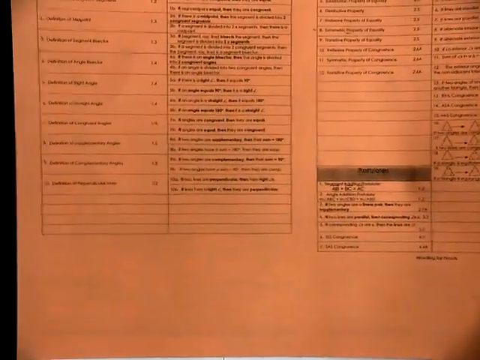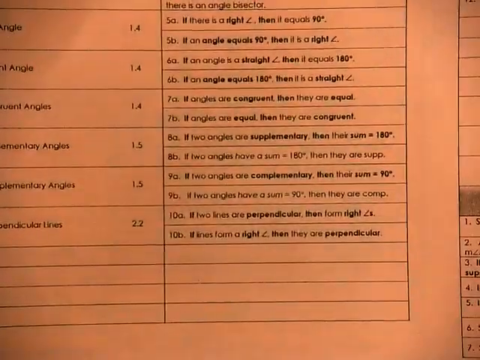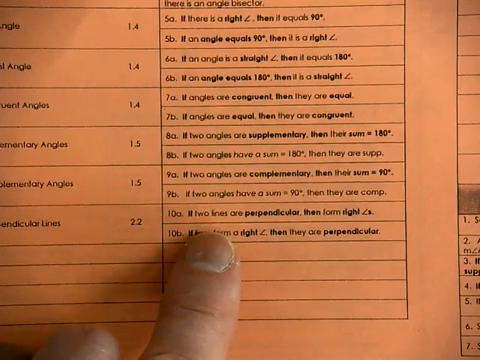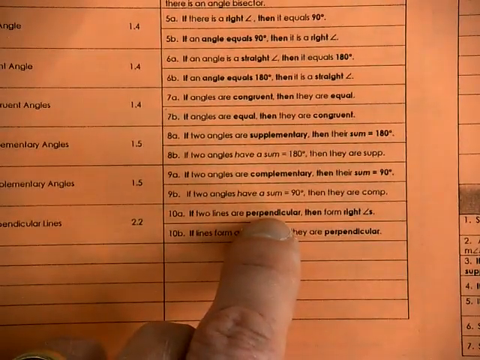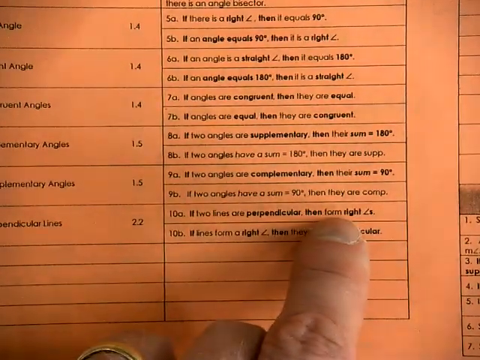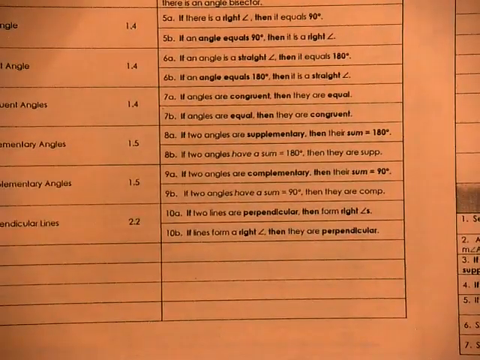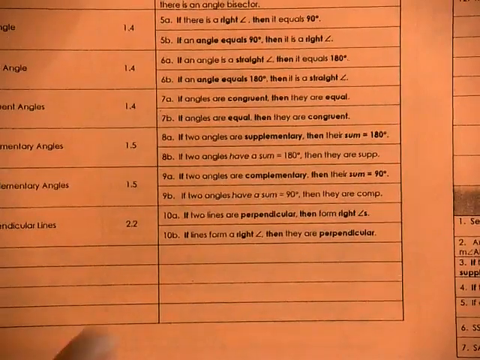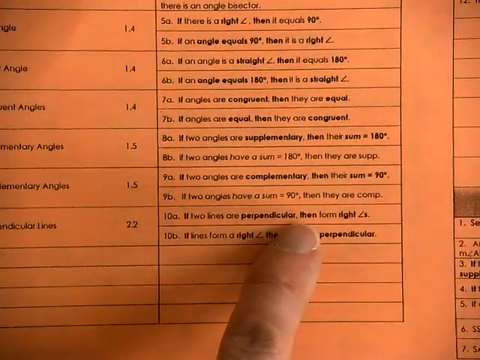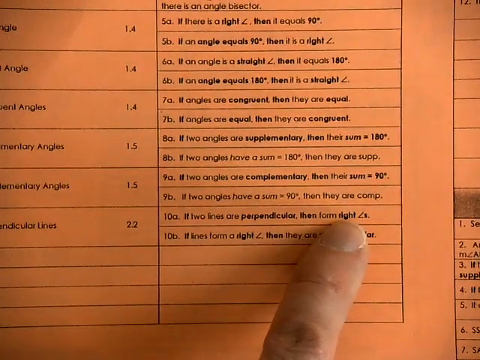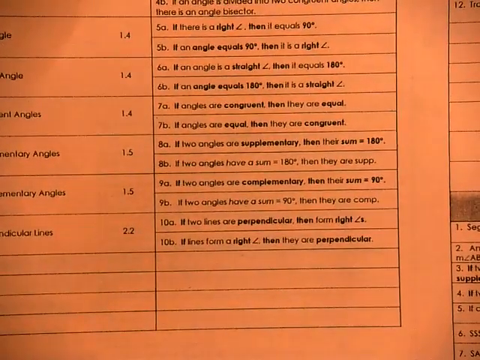On our words for proofs, that's going to be right over here. If two lines are perpendicular, then they form right angles. So a lot of times I abbreviate that a bit and say if perpendicular, then right angles. I highlighted the most important words.